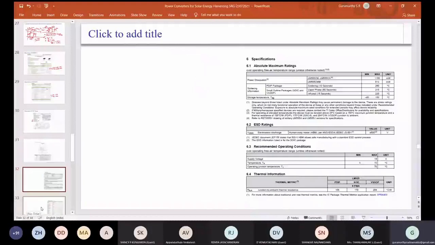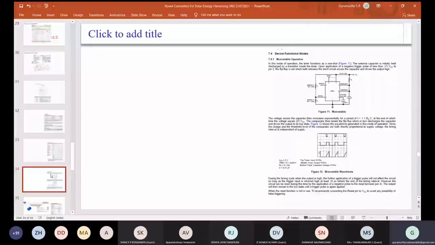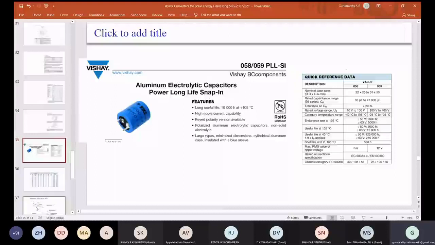Okay, let us go to the capacitor. Now the capacitor you have to select. Capacitors have different specifications, like capacitor voltage rating, ripple current handling capacity, and the capacitance value. You can select whatever capacitance value you want. Then you can observe these things.